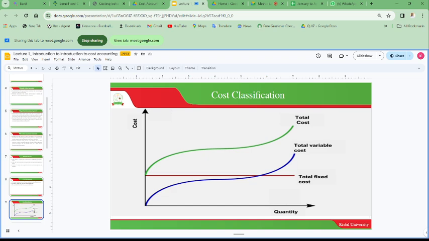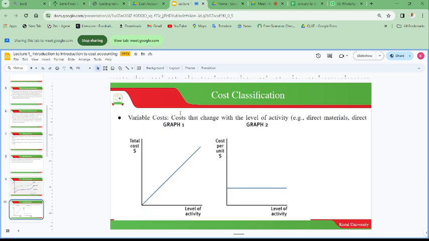So let's look at this graph. We have a total cost, total variable cost, and then we have the fixed cost. So let's look at variable costs. What are variable costs? Variable costs are costs that change with the level of activities.